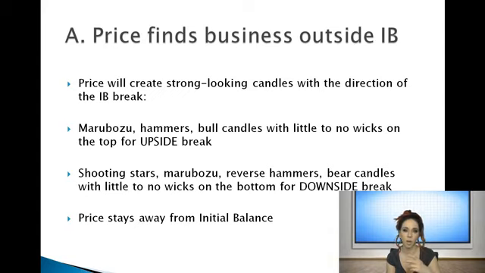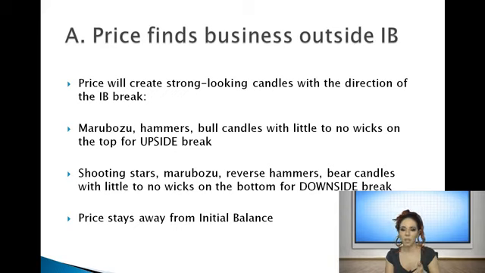I mean, not always, but let's say 80% of the time, you will get a test of a conterminous line, and we've done that too. Return to the conterminous line is the norm, so use that. If you see a break outside initial balance, and then you have a brand new conterminous line and you're not in a trade, use a pullback to the conterminous line to get in.